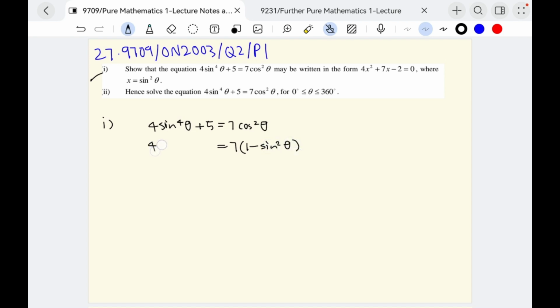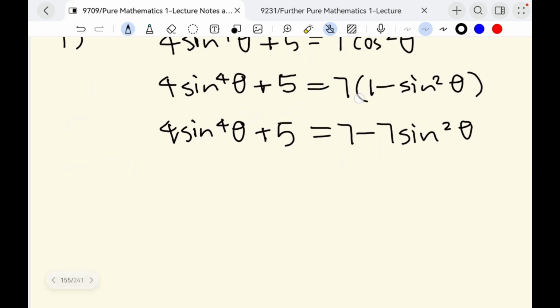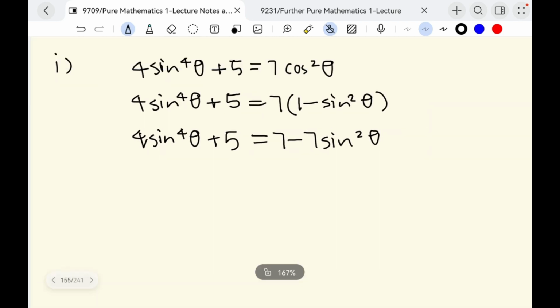Okay? And then multiply by 7. And hence it simplifies into the quadratic form like this.